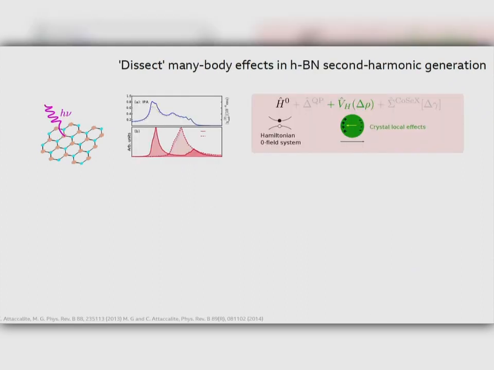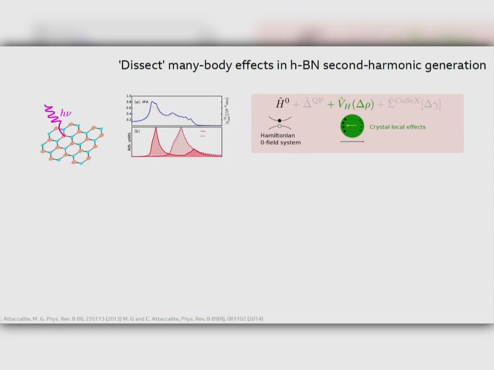Another interesting thing with our approach is that we can very easily switch the level of approximation by changing the terms that we include in our Hamiltonian, and so we can see what the various effects are. Here I'm exemplifying it by looking at hexagonal boron nitride.